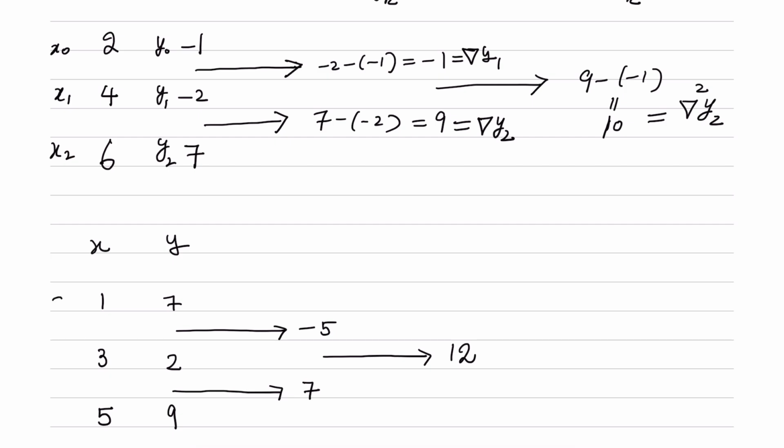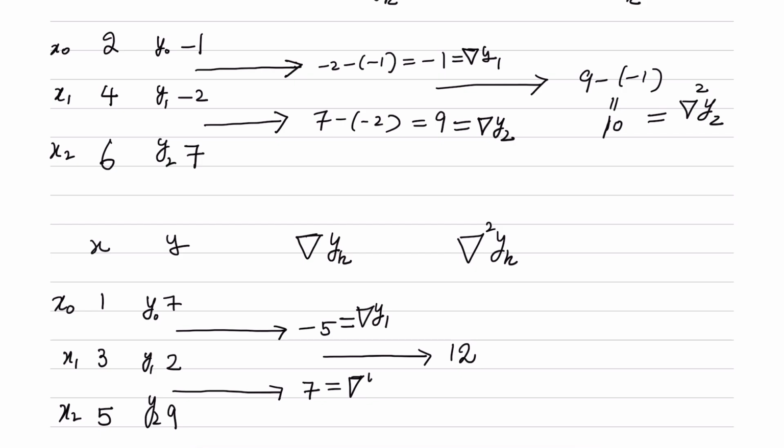Let's name it: x0, x1, x2, y0, y1, y2, the backward yk column, and the backward square yk column. The first value in the backward yk column is backward y1, the next value is backward y2, and the first value in the backward square yk column is backward square y2.